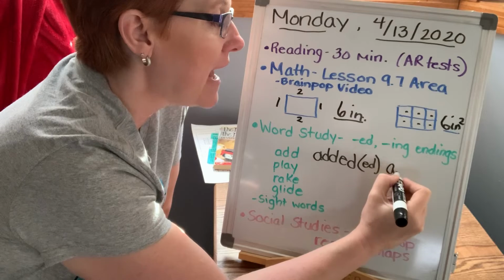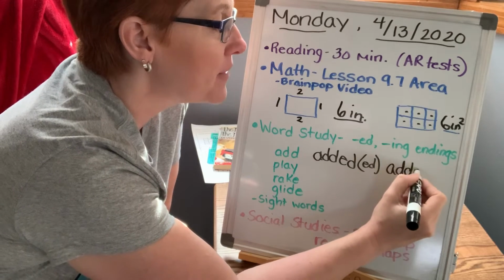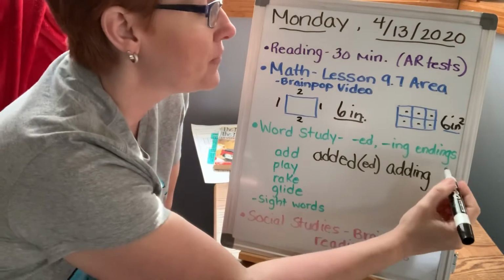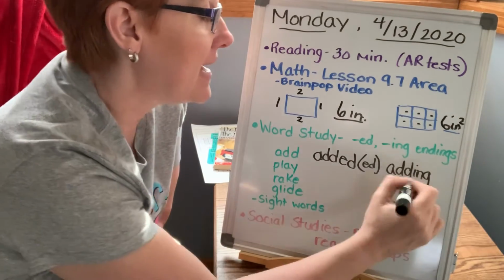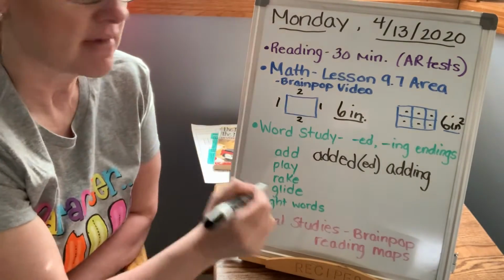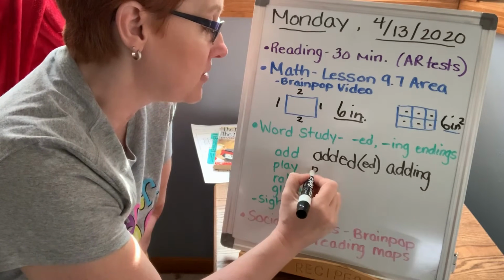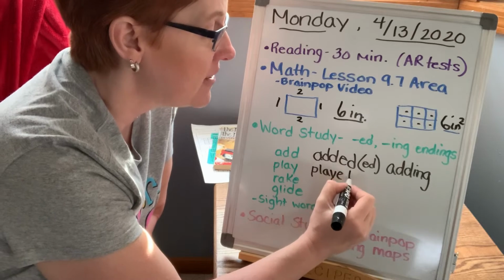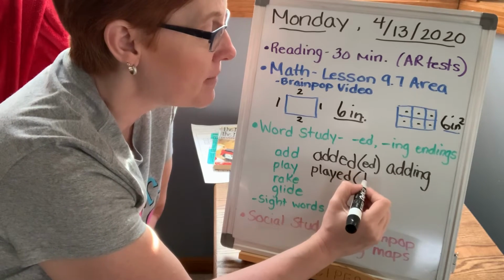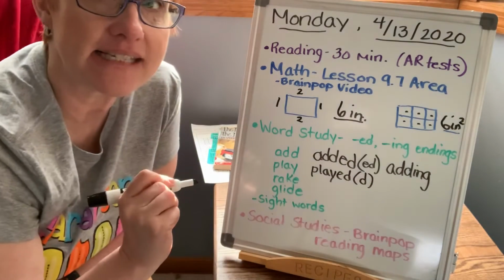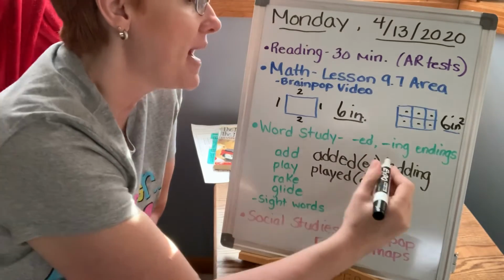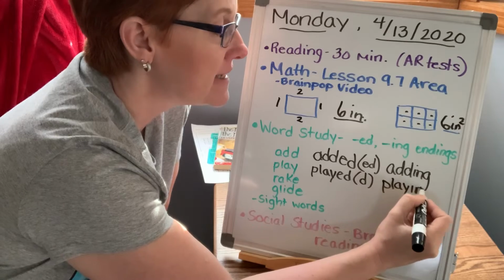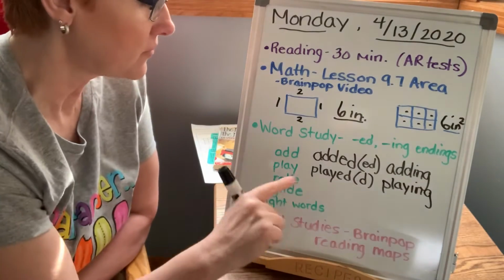Or if you're doing adding, I'm adding the numbers right now. It shows something that's happening right now. All right, so adding. If we do play, I played at the park yesterday. So now listen to that, played. You add your ed, but now remember, it's only making that D sound. We talked about this. But I am playing at the park right now. So that's showing it's happening right now.